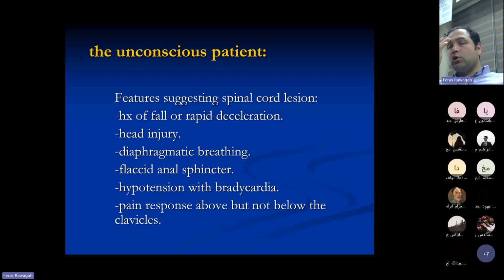It should be either in the supraorbital notch or clenching of the trapezius or the sternocleidomastoid muscle. Why? Because in the Glasgow Coma Scale, we are examining consciousness, not the spine. That's why the painful stimulus should be above the level of the clavicle, in the sensory innervation of the trigeminal nerve, not of the spinal nerves, because we are examining consciousness, as we said.